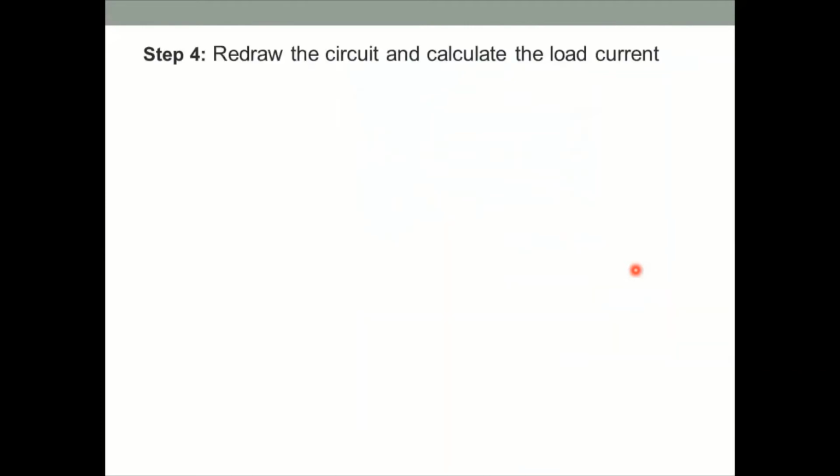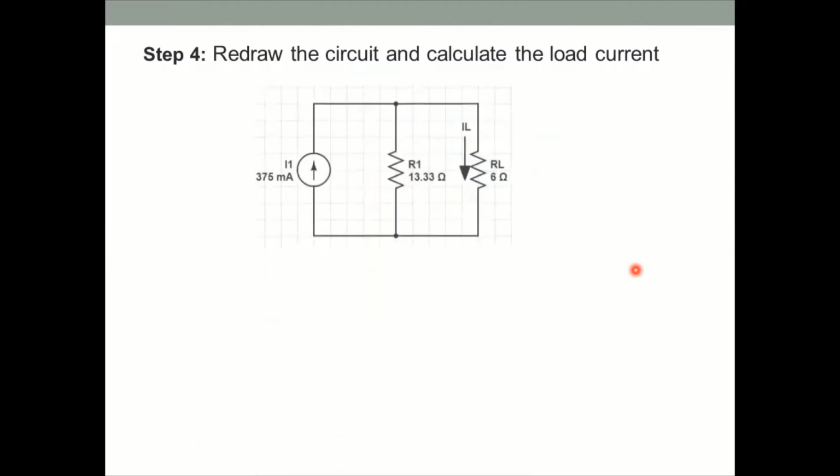Coming to the last step, that is step 4. In this step, we are going to redraw the circuit and we are going to calculate the load current. If you redraw the circuit, this is the circuit that we are going to get. Here, this I1 is nothing but your Norton's current, IN. We got the value as 0.375 amperes.